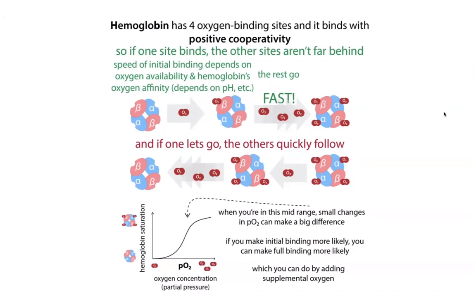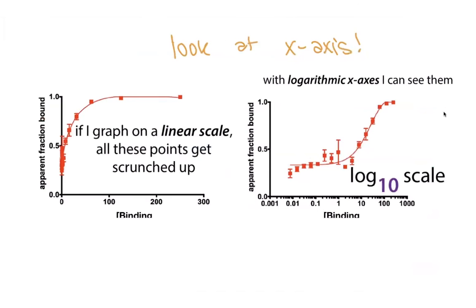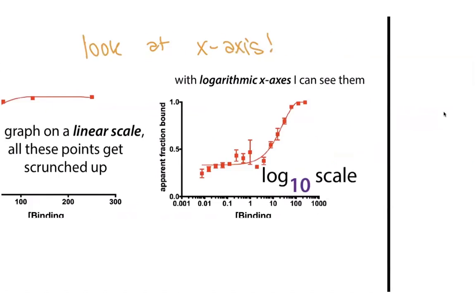But just know that a sigmoidal curve will only indicate cooperativity if you are in a linear scale. If you're in a log scale, you're always going to see a sigmoidal curve, even if there's a single binding site. And so again, we'll talk about this a lot when we talk about hemoglobin binding, but just be aware that you always need to look at your x-axis.